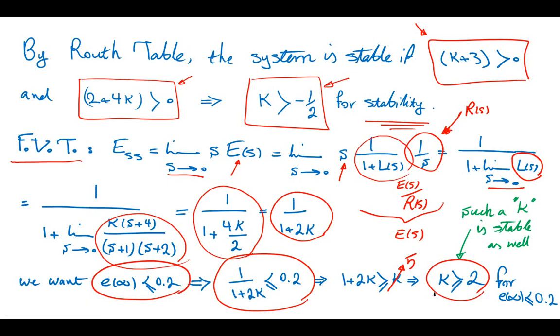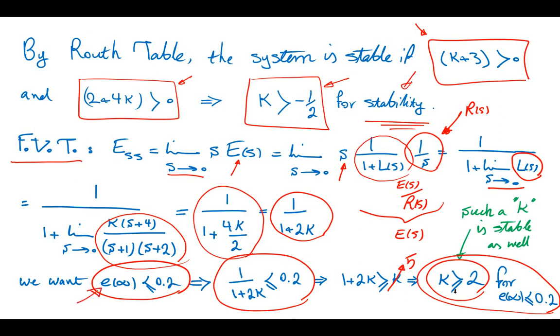But does this K lead to stability as well? Yes, because K greater than or equal to 2 will be greater than minus 1 over 2 as well. So for steady-state error, K equal to 2 or greater than 2 suffices. It will lead to stability and to the desired result.